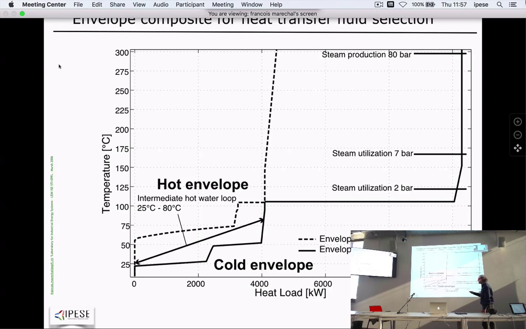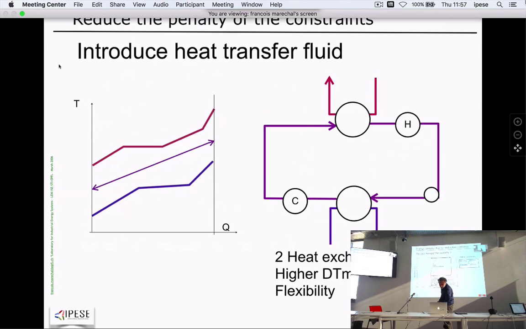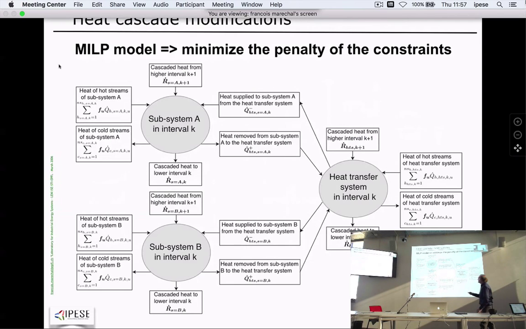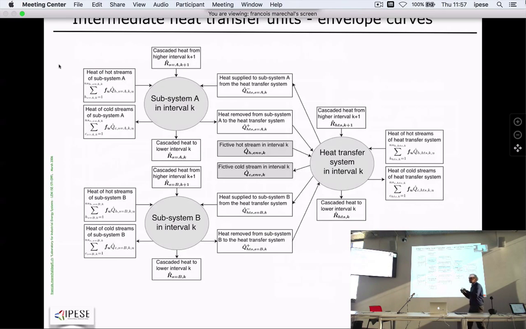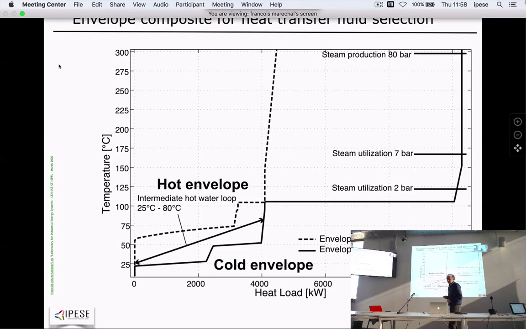As soon as I have identified this, for example, here it's from 25 to 80, I will propose this and solve the problem with this formulation, now without the additional elements in the system, and I will calculate the flow that has to be used in the heat transfer system. By doing this, I will finally be able to calculate what the flows are.